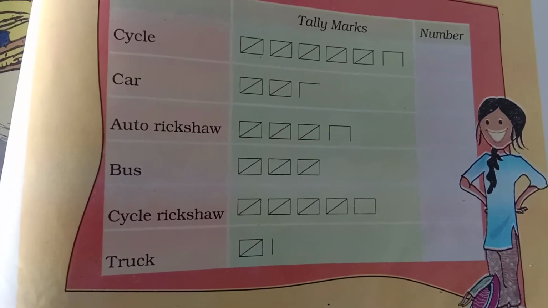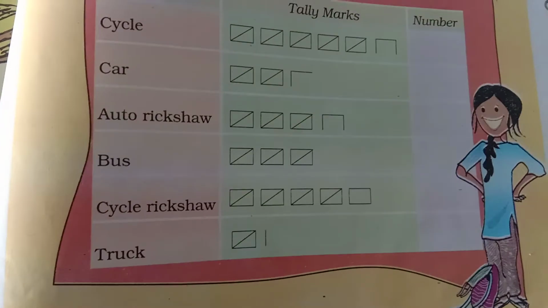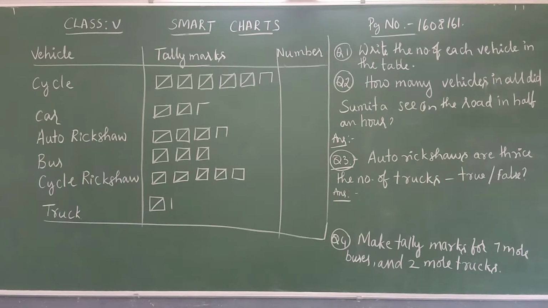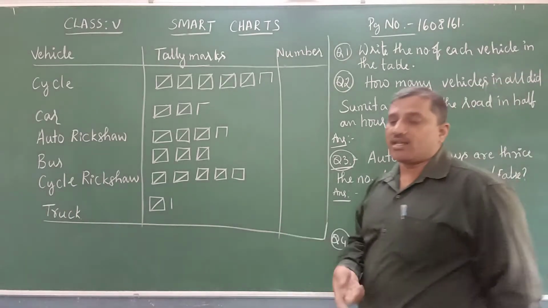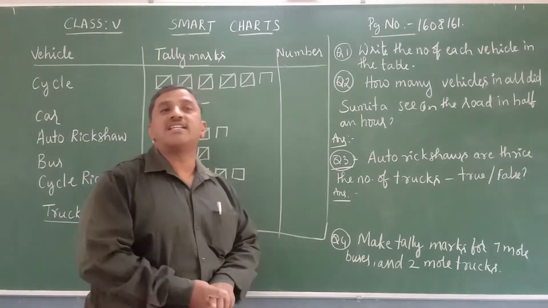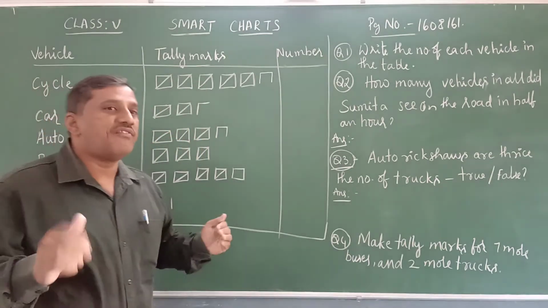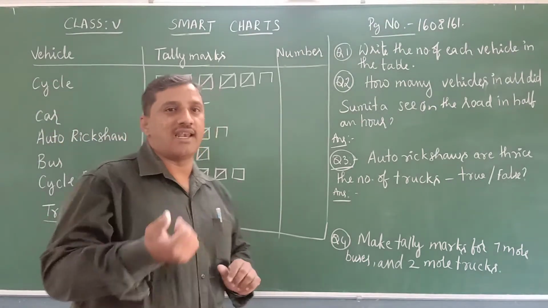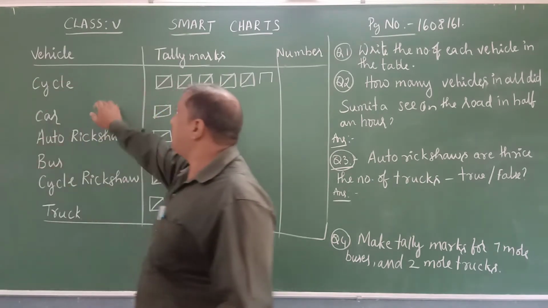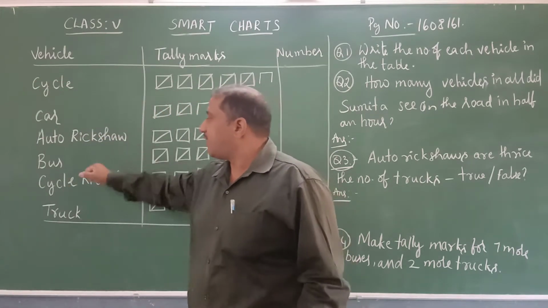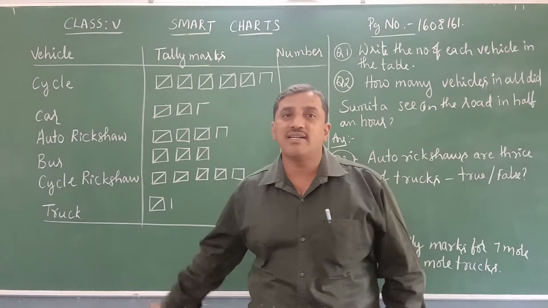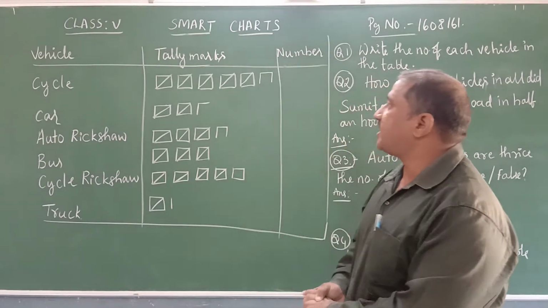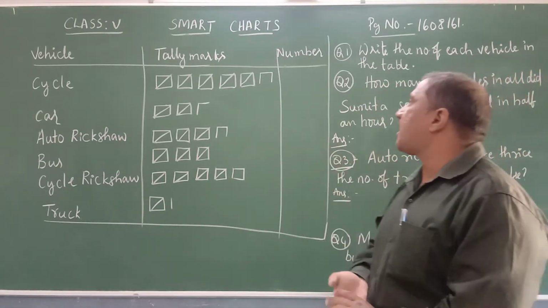Cycles, cars, auto rickshaws, buses, cycle rickshaws and trucks. Six different types of vehicles she found on the road, and she prepared a tally mark table.